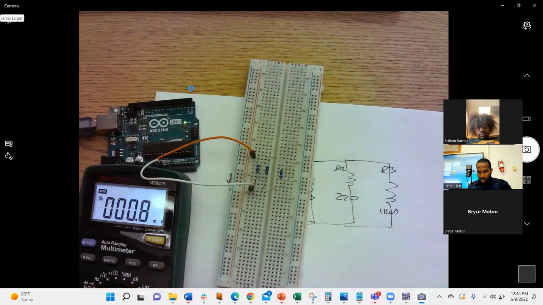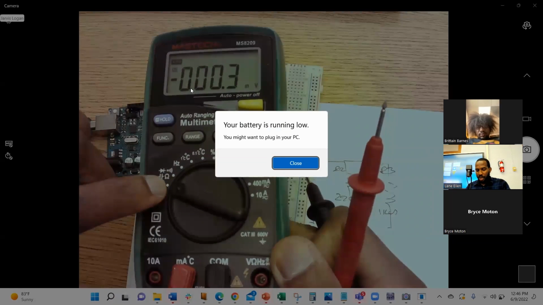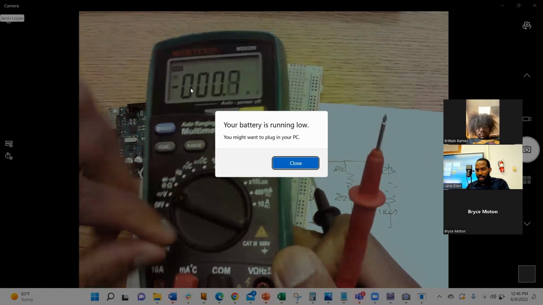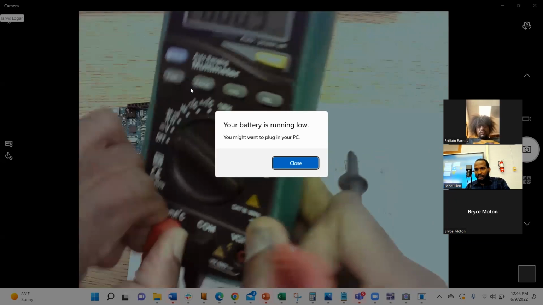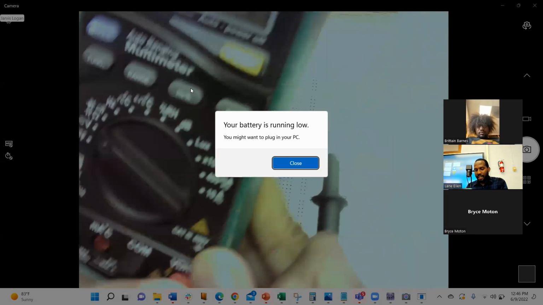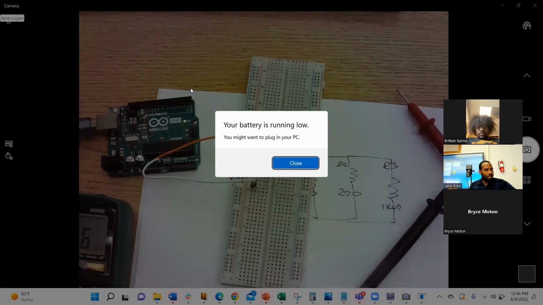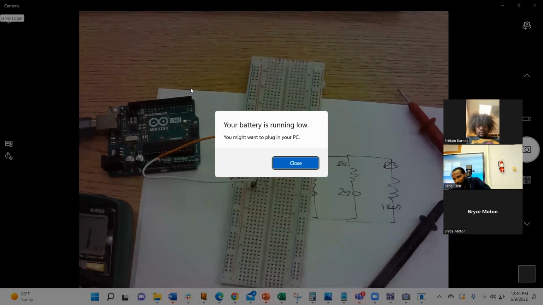So we are still in the milliamp. So I need to turn my meter. To turn it, I need to put it to measure voltage here. And also I need to move the port and put it back in V ohms to make sure I'm measuring voltage, or else I can damage the meter. Okay, just give me a second as I plug in my computer. Make sure we don't run out of power.